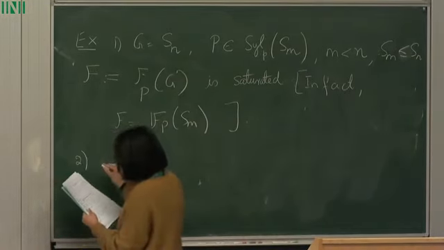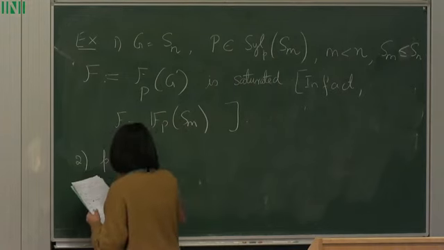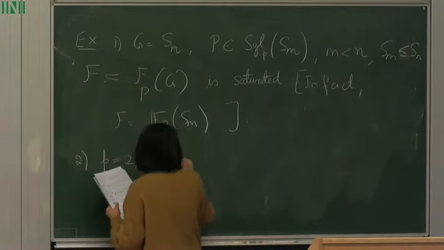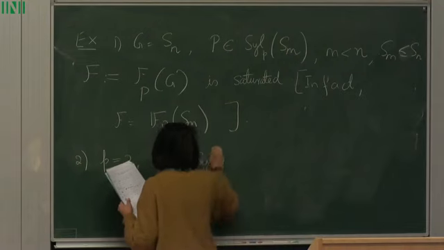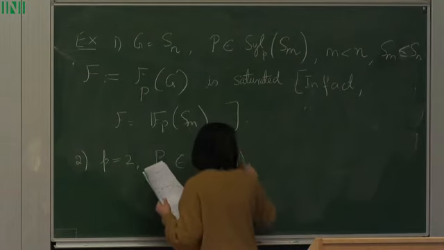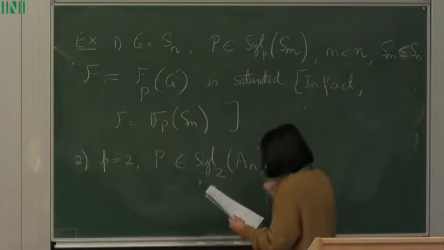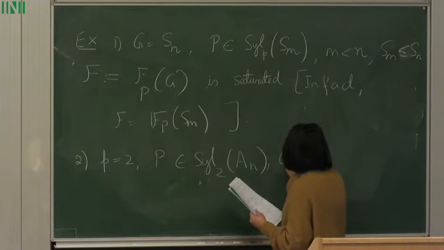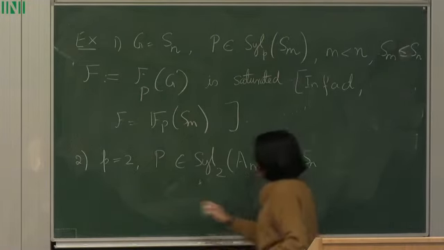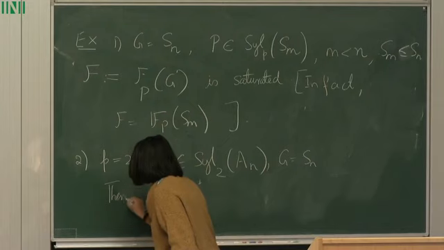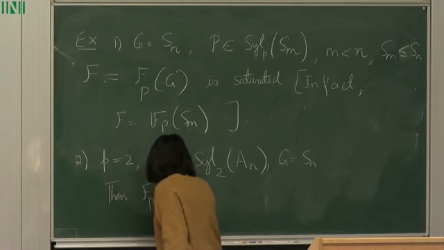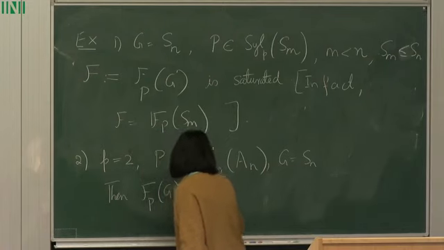But of course you have to be careful. If you look at p equals 2 and P is a Sylow 2-subgroup of the alternating group, and G is S_n, then F_P(G) is not saturated.